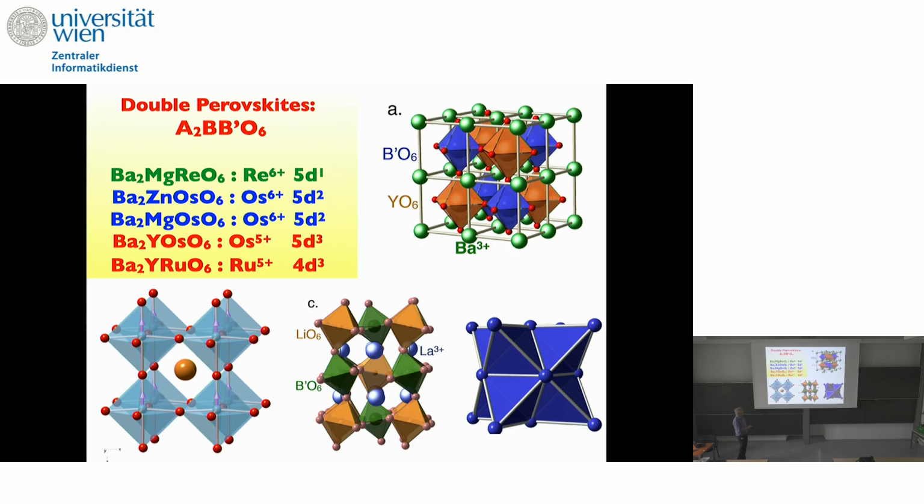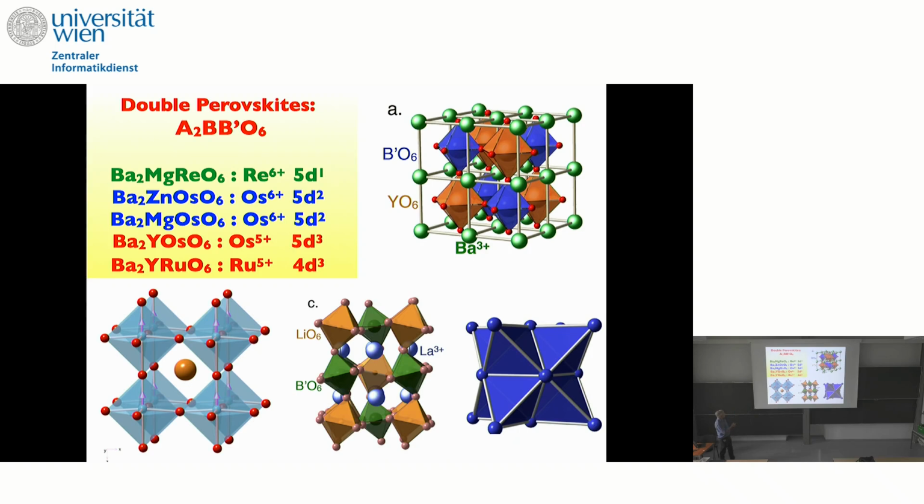And of course, for double perovskites, you have the same sort of structure, but now you alternate every second transition metal oxygen octahedron with a different transition metal. And so you've got two transition metals here. There are many perovskites, so it won't surprise you that there are many double perovskites, hundreds of them actually.